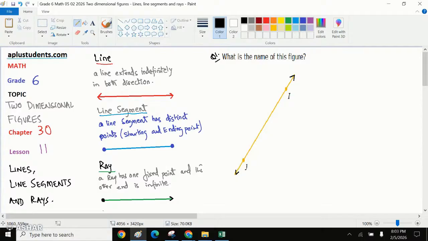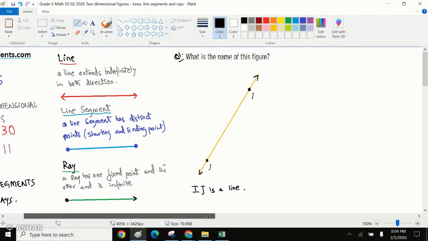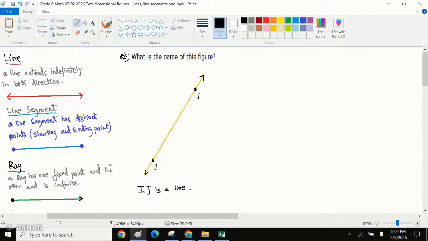Whenever we have arrows on either end, and it has 2 points on it, we can say I and J is a line, not a line segment, because it has arrows on either end. Agreed? Any question? Yes, thank you, Ashik.